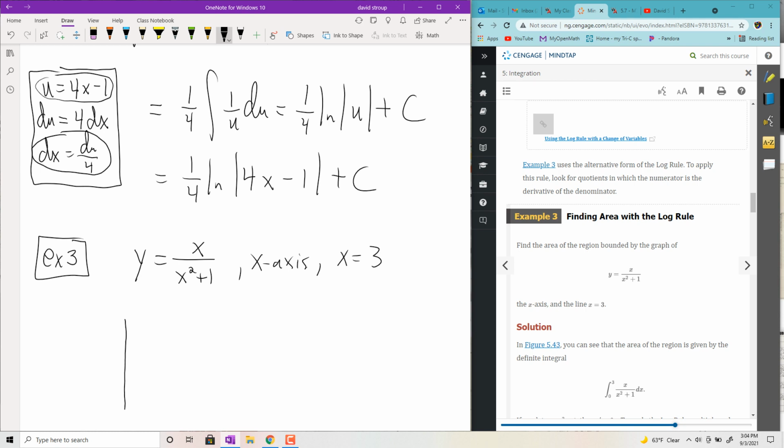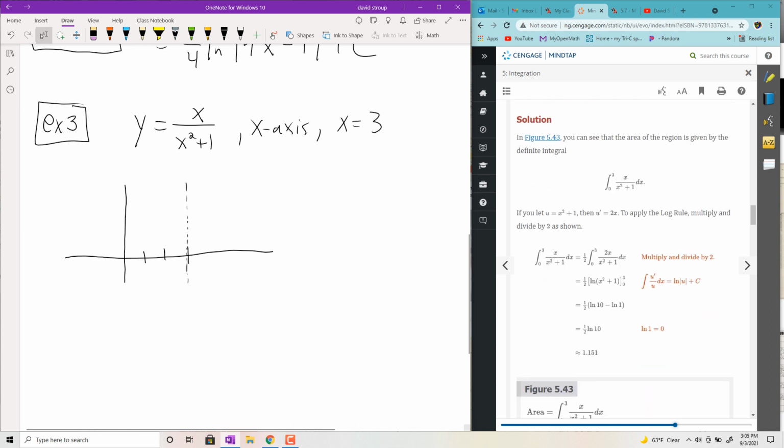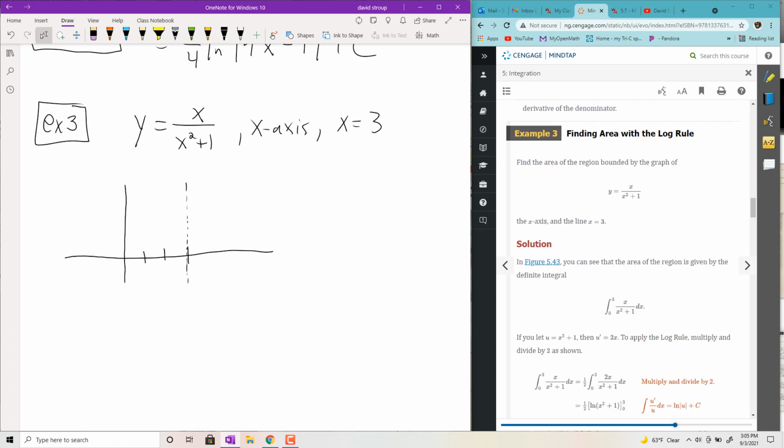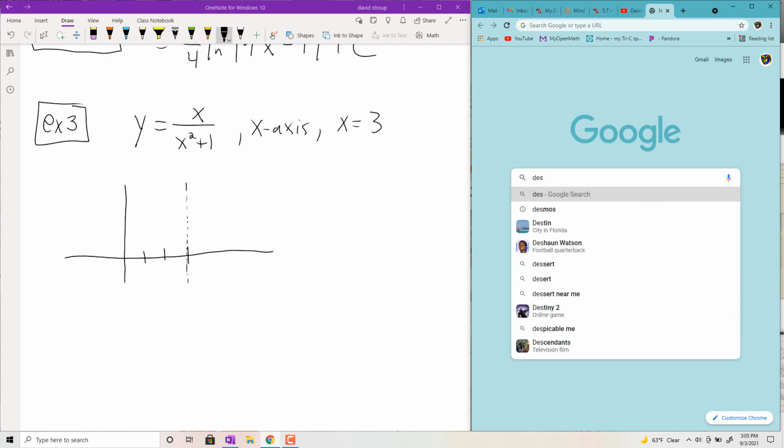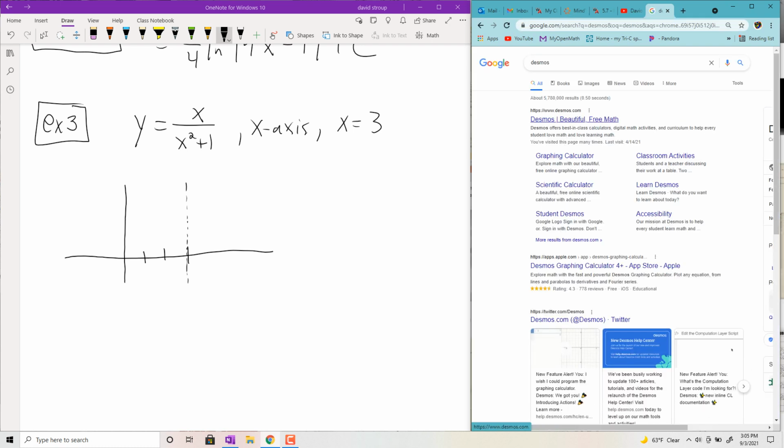So if we graph this guy, x equals 3 is 1, 2, 3 out here. And then the graph of x over x squared plus 1, the x-axis, I have no idea. We can go to Desmos and see what the heck the thing is.